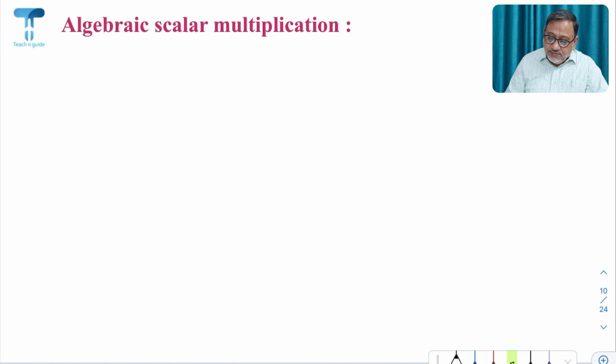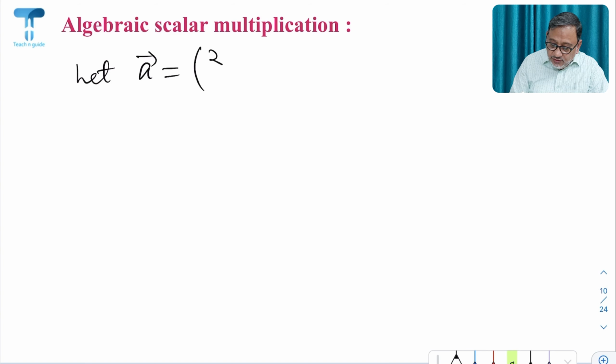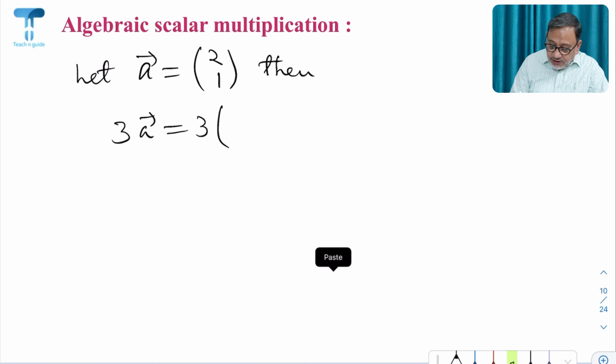Okay. Algebraic scalar multiple. Now let A is a vector (2, 1). Then if I have to find 3A, what I will do? I will write 3 and the column vector (2, 1), and then I will multiply each component by 3.